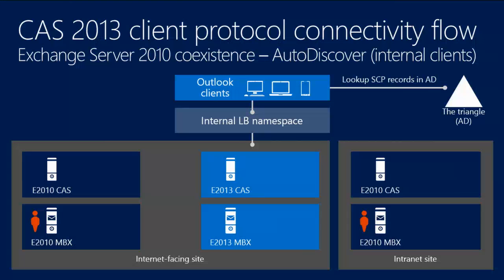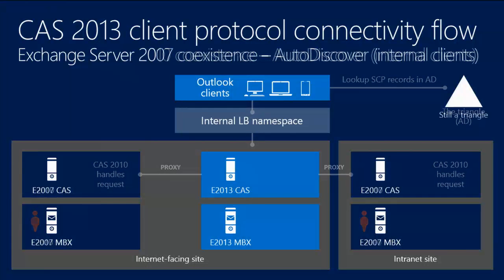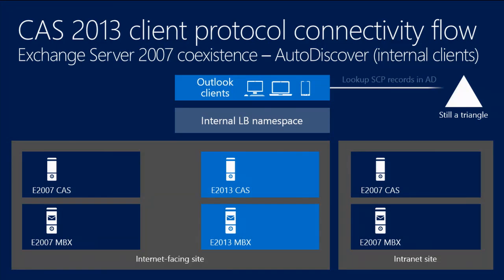It doesn't really matter which site your mailbox is in. In this case, sorry, this is 2010. Back to 2010 for a second. We'll proxy this to both of the different CAS 2010s in the AD site that the user's mailbox is in. And for 2007, if the mailbox is on 2007, we'll still look up the SCP records in AD, and no matter where the mailbox is, we're going to send the request to the 2013 backend mailbox server.